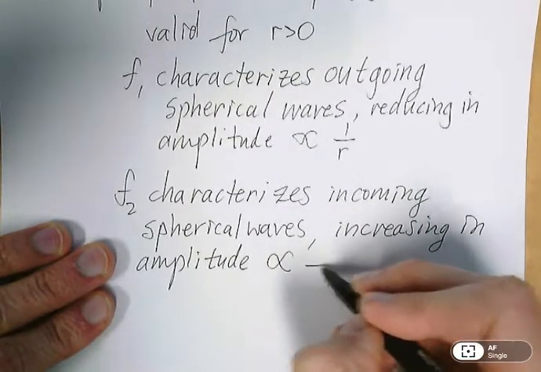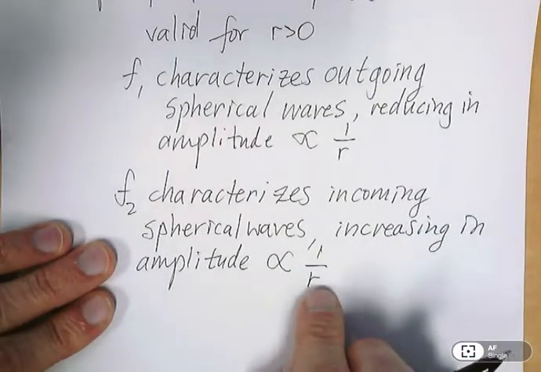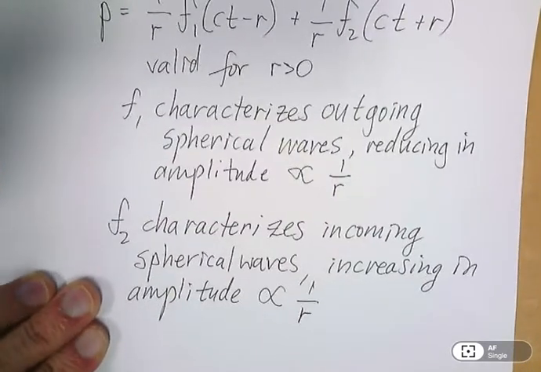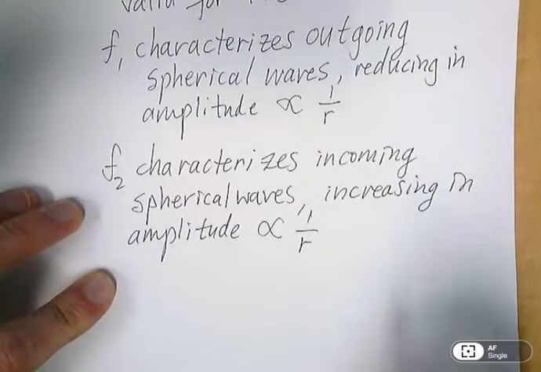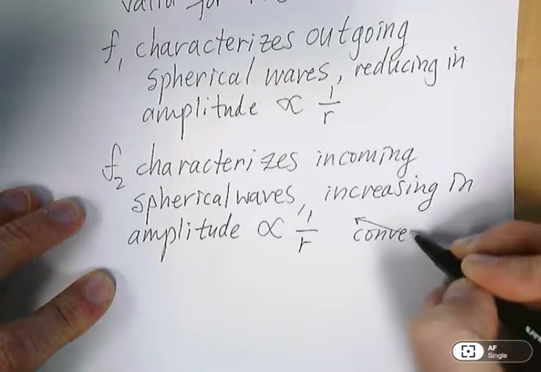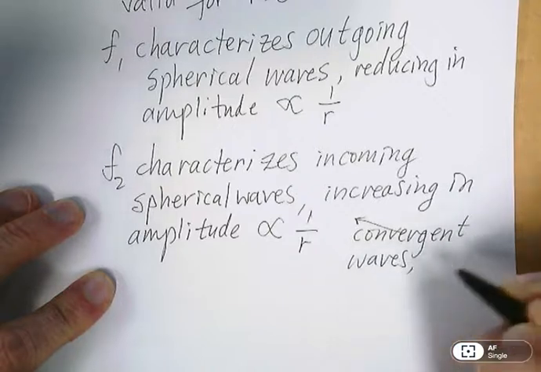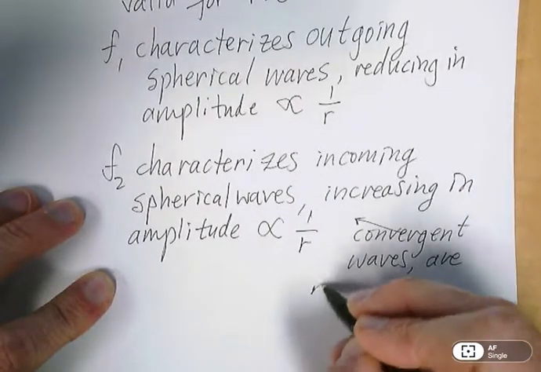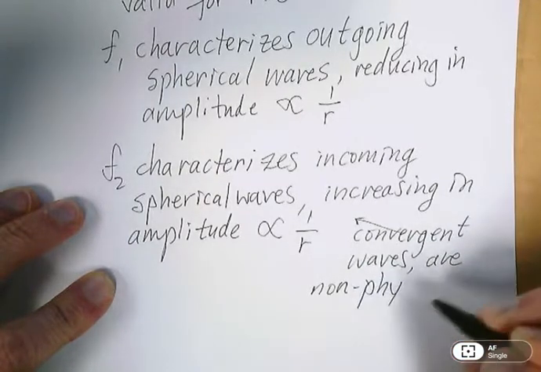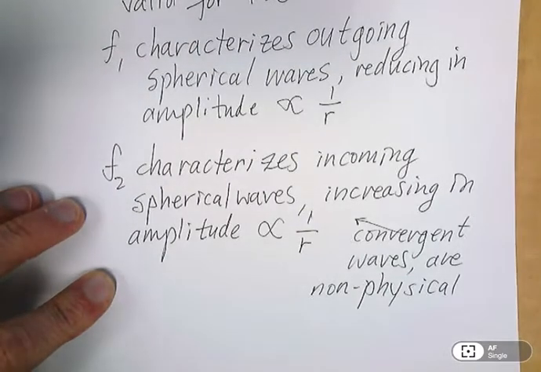So they increase in amplitude, ultimately astronomically to some extreme value at the origin. So these are convergent waves, which are non-physical. They mathematically exist, and some very good experimentalists could maybe reconstruct something like this, but they do not occur in practice.